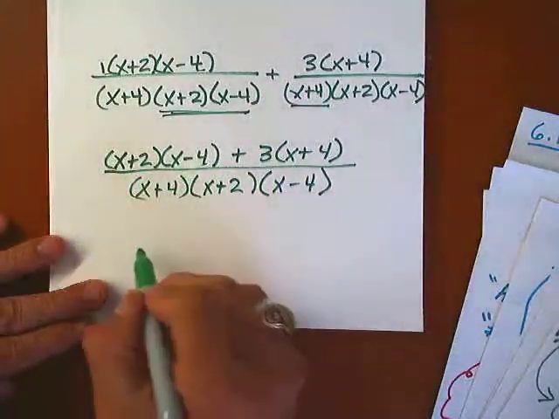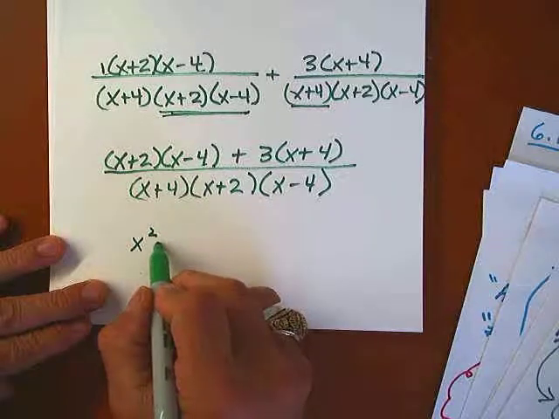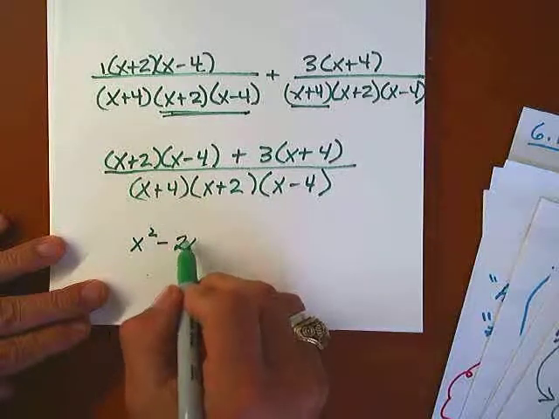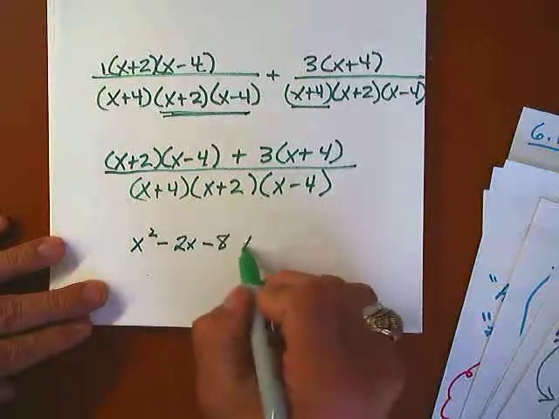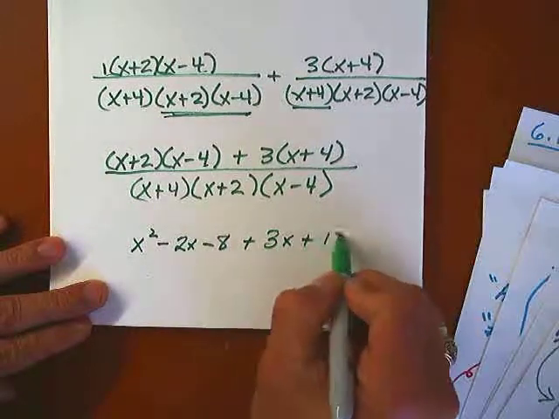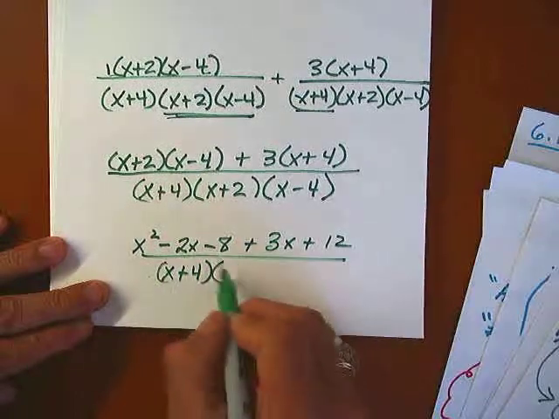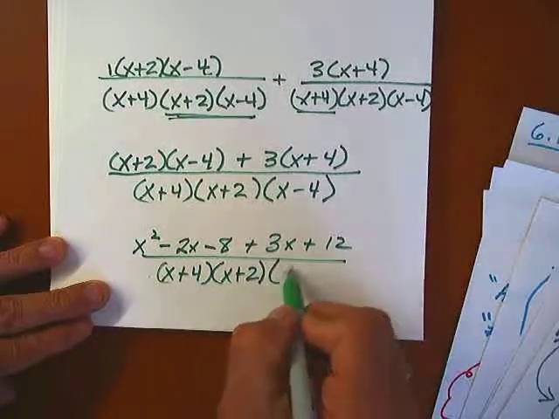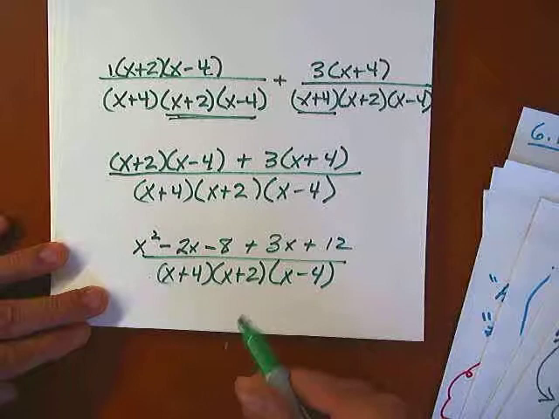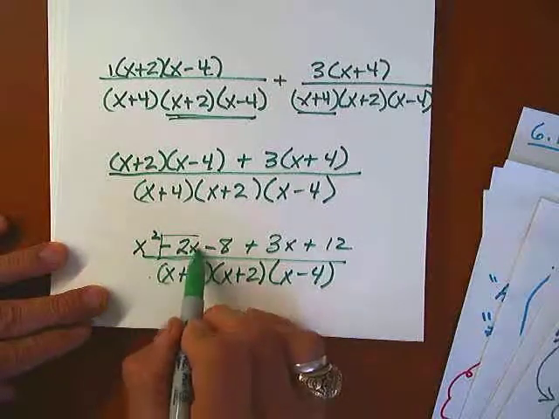And now we finish up. Everything's going to be over the common denominator, x plus 4 times x plus 2 times x minus 4, x plus 2 times x minus 4 plus 3 times x plus 4.